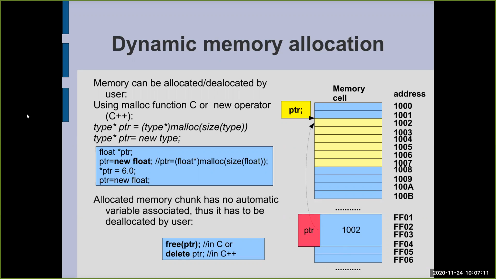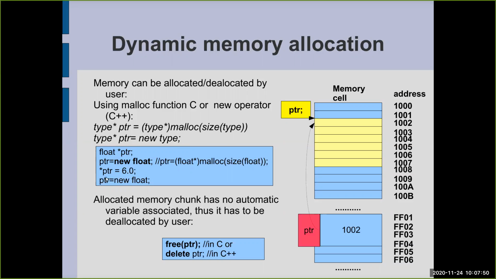So let's assume that we have pointer, and then when I'd like to allocate memory for a single variable, I call new operator. So I call new float, for example. It means allocate memory for a single float variable. So in this case, 4 bytes are allocated, and address of this area is returned. So now in PTR variable, the address of allocated memory is located.